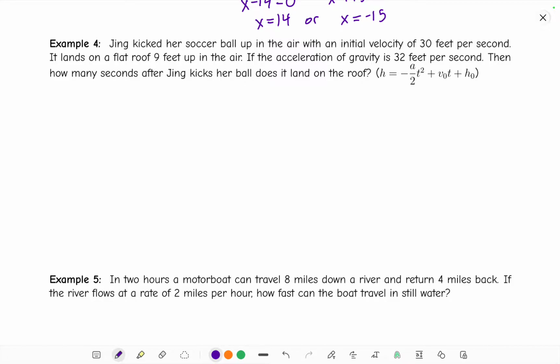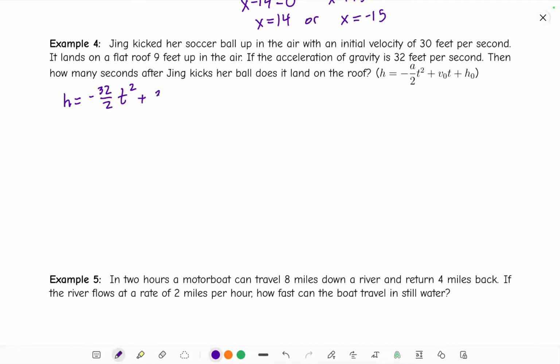And we have this formula, h equals negative a over 2 t squared plus v naught t plus h naught, where a is your acceleration, v naught is your initial velocity, and h naught is your initial height. So for this specific problem, we get h equals negative 32 over 2 t squared plus 30t.